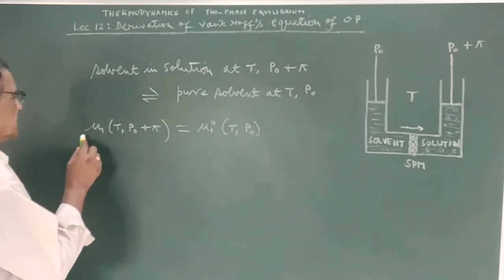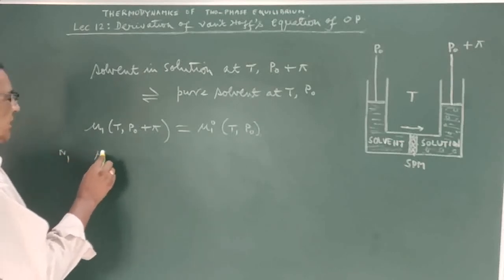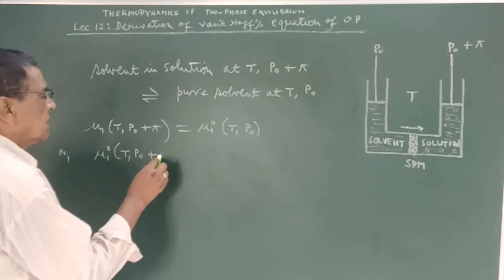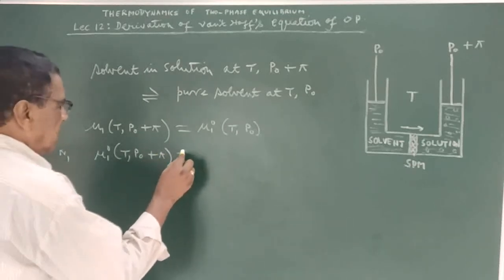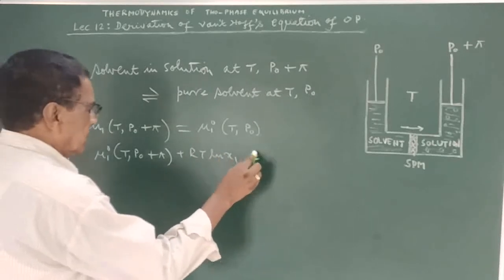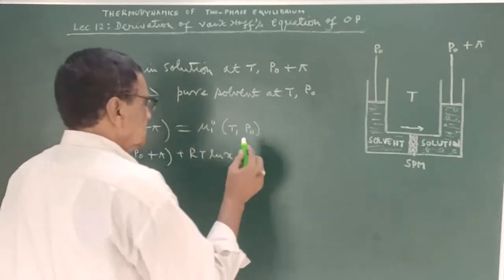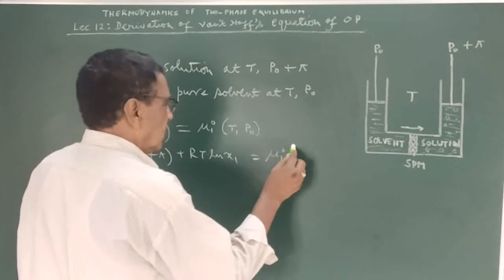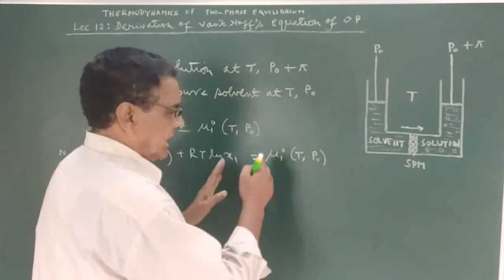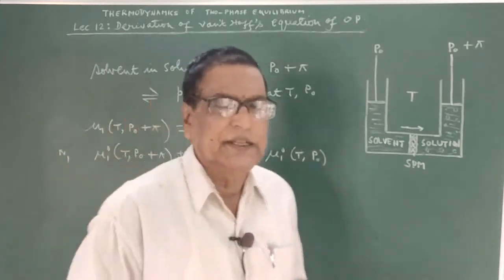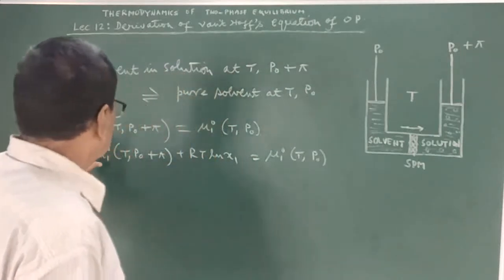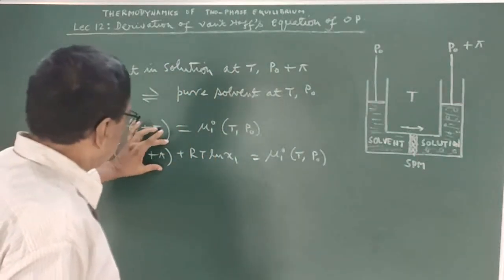Instead of this term, we can write mu1 naught at temperature T and P naught plus pi, plus RT ln x1, is equal to mu1 naught at temperature T and pressure P naught. One assumption we have taken here is that the solutions behave ideally. So this relation is written.